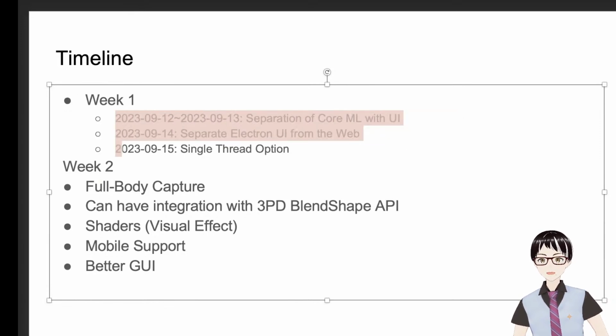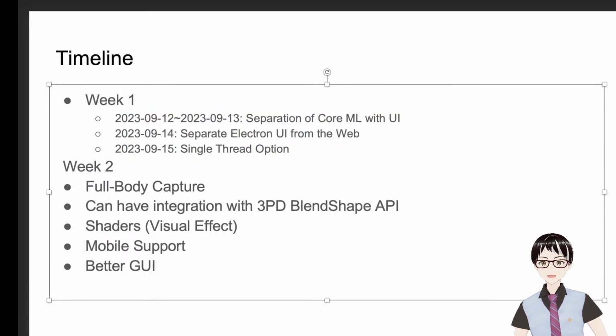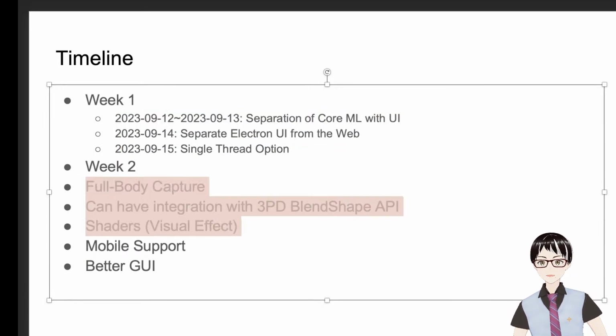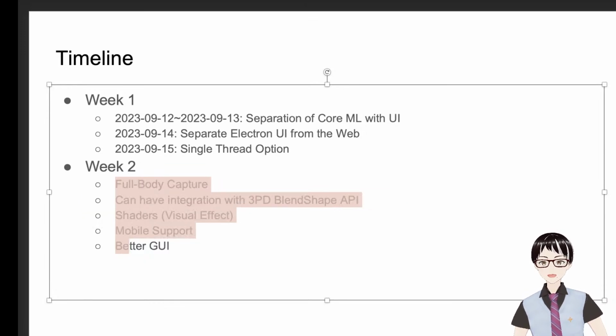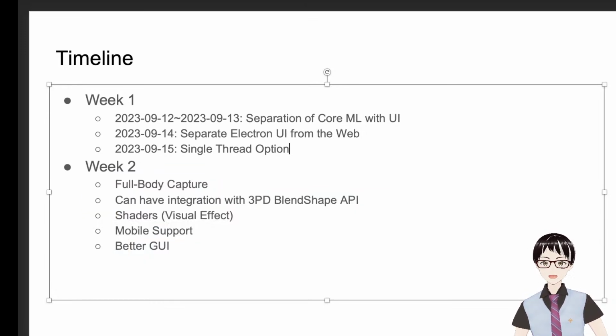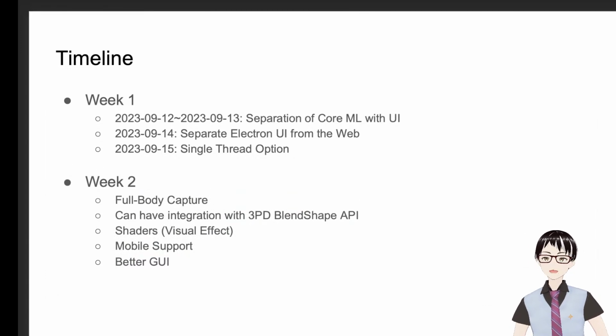Okay. And then week 2, for body capture, better UI. Okay. Let's work it like this. And let's set the day after, right? So we're not in the actual schedule or anything. So let's set it like this.